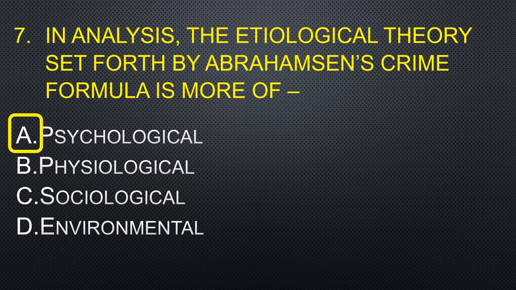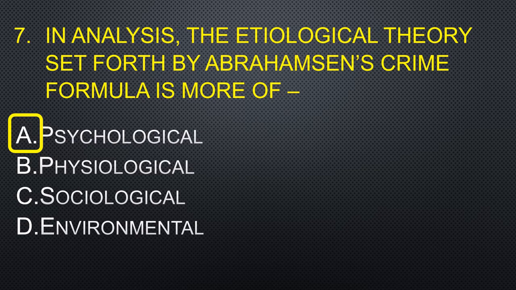When you say physiological, you are referring to the by-nature tendency of man to commit crime. When you say sociological, you are referring to crime being committed by reason of the social process that we have.